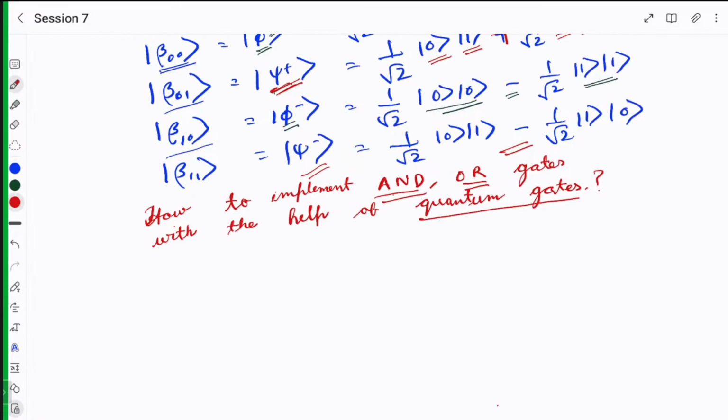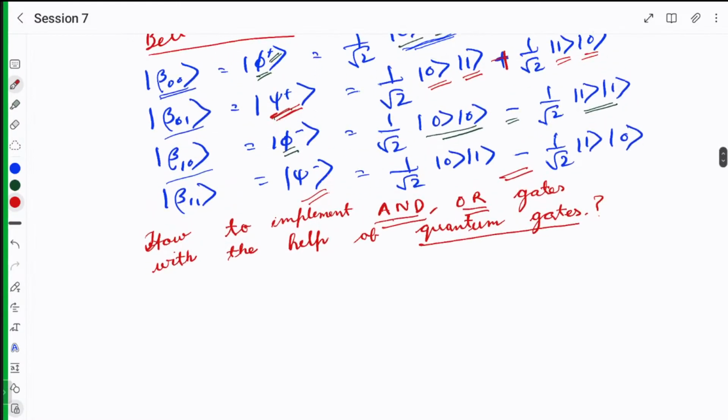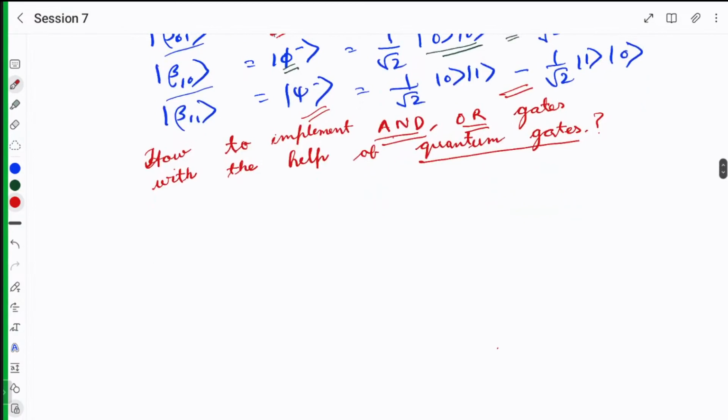But apart from that, if you have any questions about this part, which we did yesterday, please tell me.